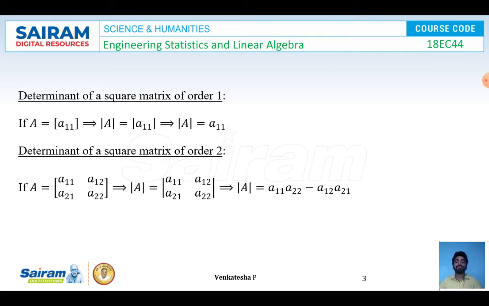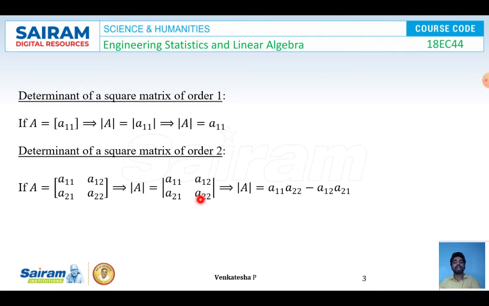In case 2, I am taking a square matrix of order 2. It is nothing but a 2 cross 2 matrix, a matrix with 2 rows and 2 columns. That is, if A is equal to A11, A12, A21, A22, now for this matrix I am going to apply the determinant on both sides. So I get the determinant of A is equal to the determinant of A11, A12, A21, A22.